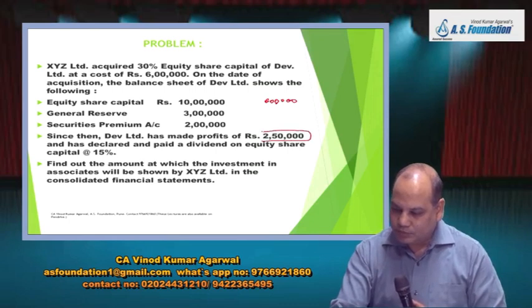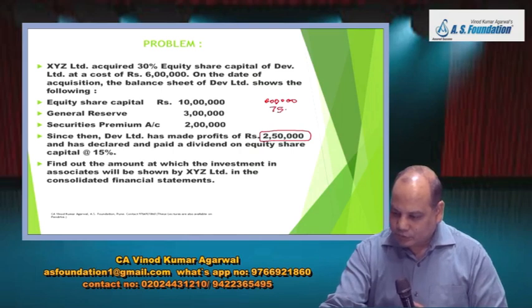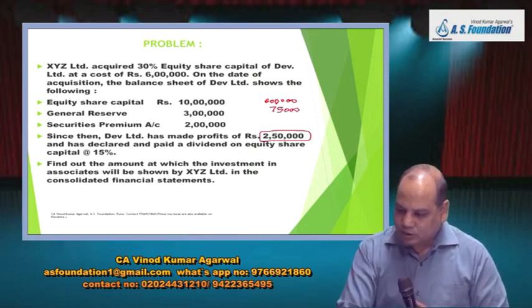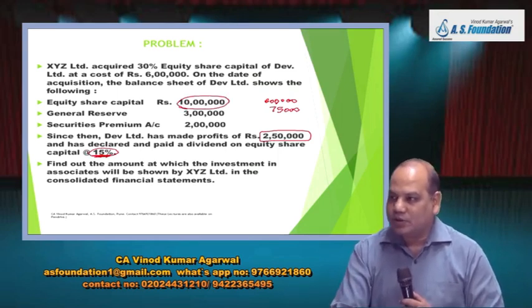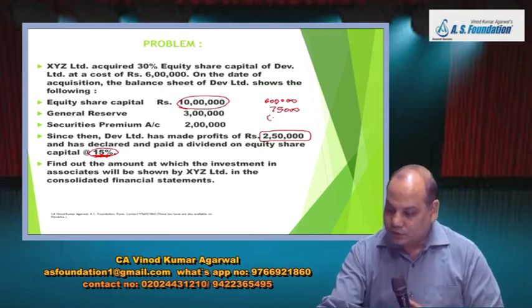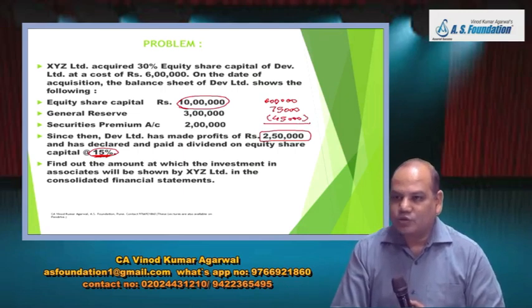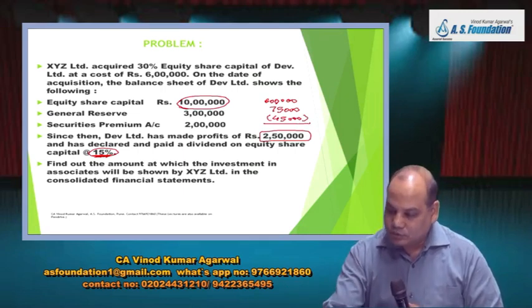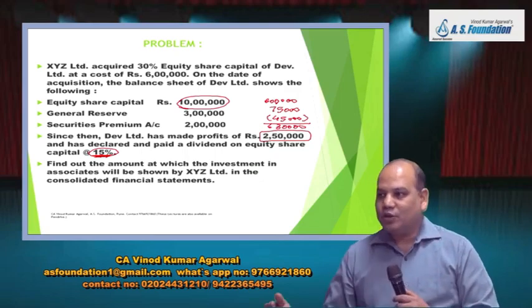Share in profit: 2,50,000 into 30%, 75,000. And then dividend received: 15% into 10 lakh into 30%, 45,000, minus. So the carrying amount of investment under IAS 28 is 6 lakh 30,000. Okay. So now we'll continue in the next lecture.